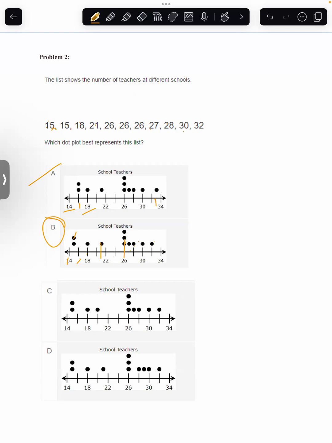And 18, then this would be at 20, not 21. So that's why that one's wrong. Okay. And then here we have 2 15s. That's right. And 18, a 21, because that's 20. Then 3 26s, a 28. There's a 29 there, so that's wrong too. 30 and 32. Okay.